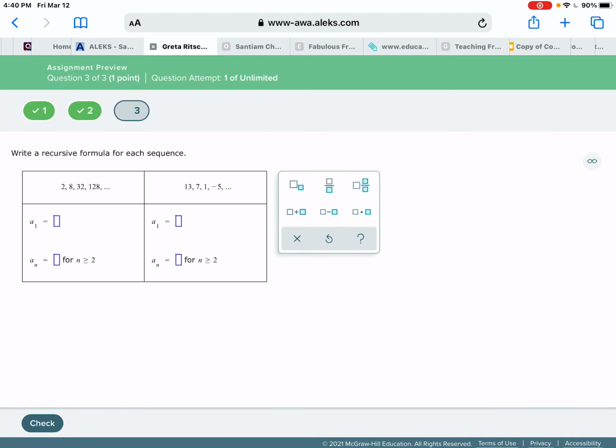All right, write a recursive formula for each sequence. So let's look at the first one. Does not look like an arithmetic sequence. It looks geometric. Since we were just talking arithmetic, let's do the second one first.